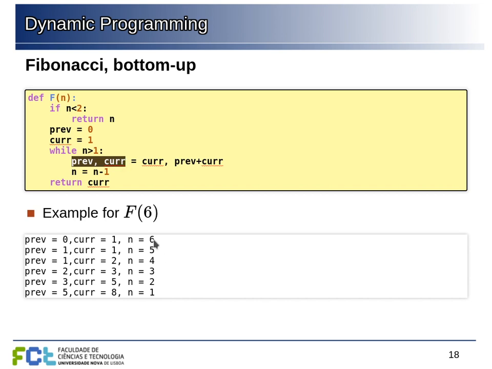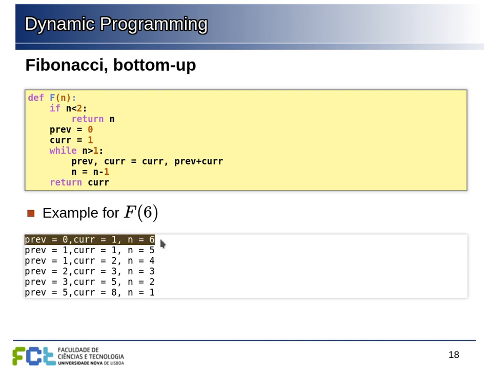Okay, so let's look at what happens when we call this with F6. This condition is false. 6 is not smaller than 2, so this part is ignored, and we start with a previous of 0, a current of 1, and an n of 6. So we enter here and we're going to update this.